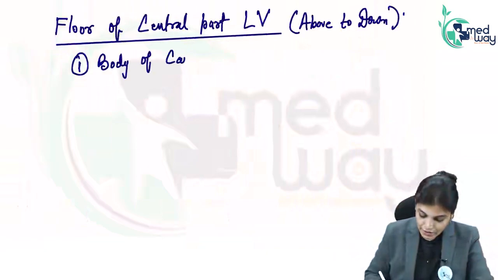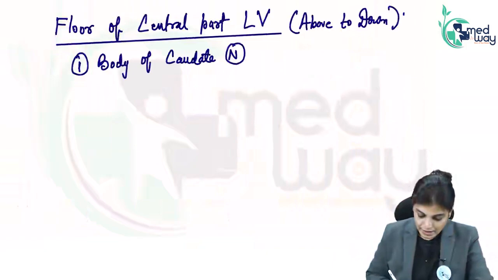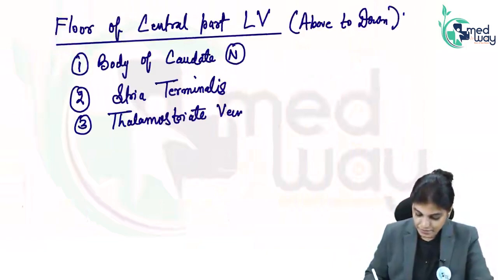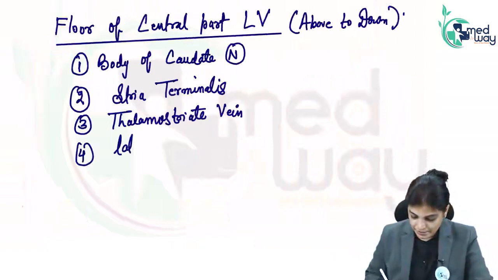It is related to the body of caudate nucleus. It is related to stria terminalis. It is related to thalamostriate vein. It is also related with the lateral part of the thalamus.